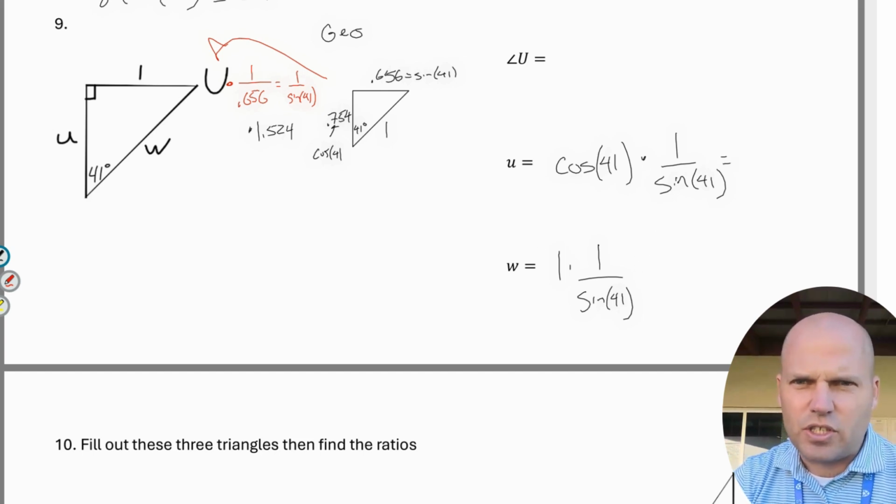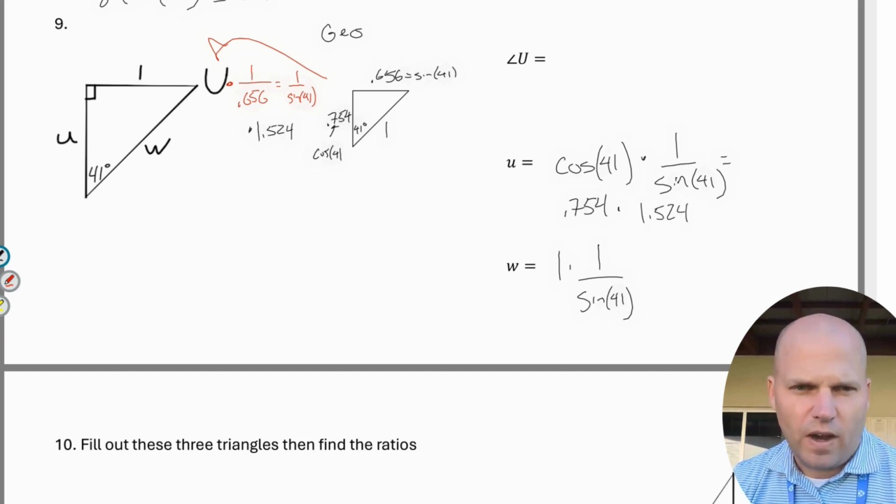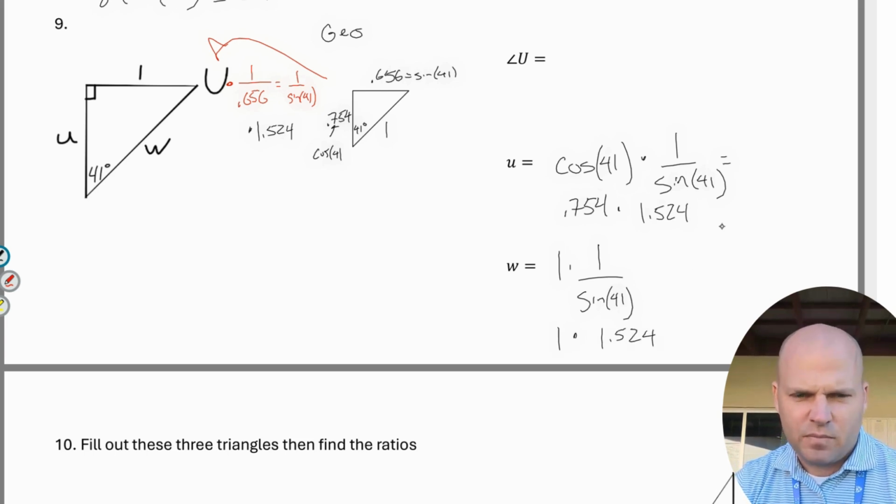You could have also used decimals. You would have taken the 0.754 number and multiplied it by 1.524. And then this would have been 1 multiplied by the scale factor, 1.524.